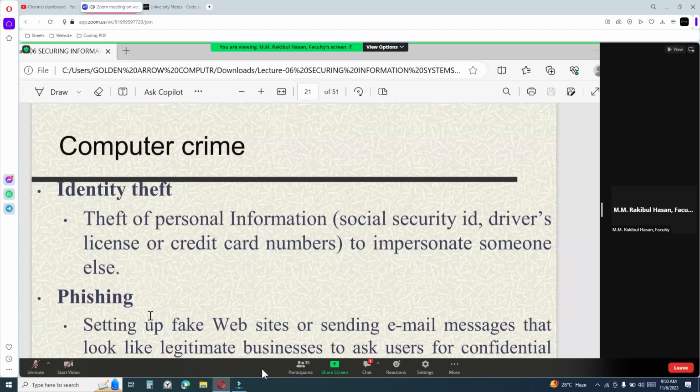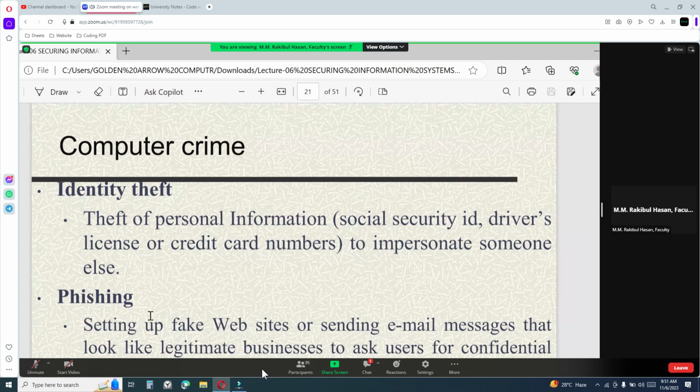For example, from your bank they may send an email telling you that there is some problem in your account, and if you want to solve it, you have to send this information within 24 hours. They can say this kind of thing and get your personal information. Over the phone they may call you, give a fake identity, and get your personal information like your bank account number, license or national ID card number. This is what they may steal. This is nothing but identity theft.